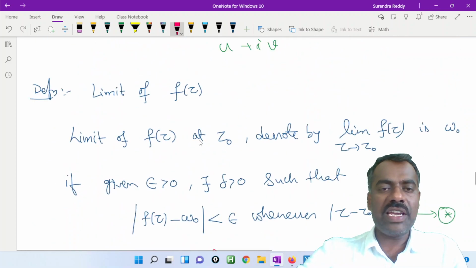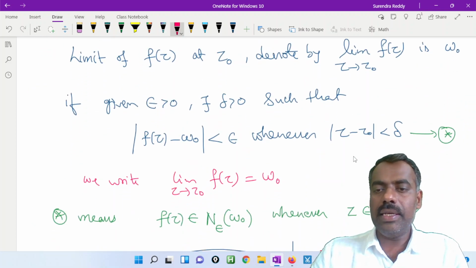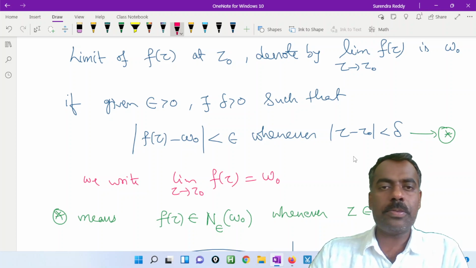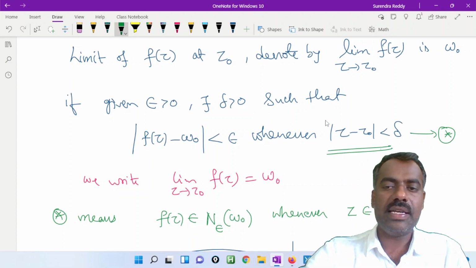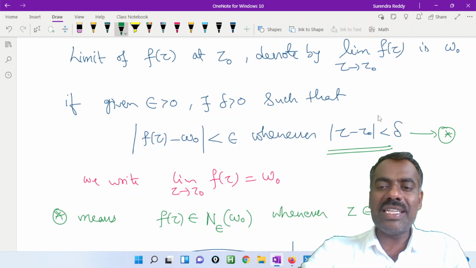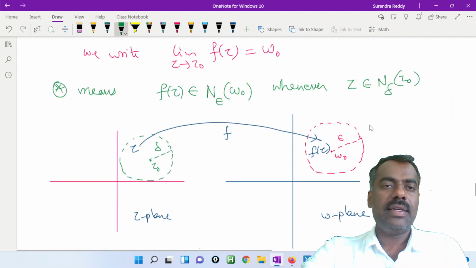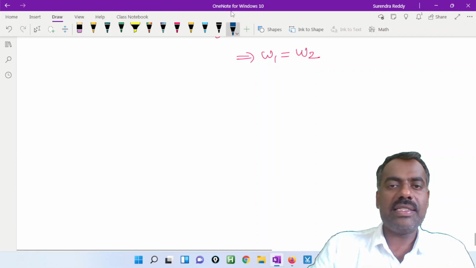So when you are defining this limit, we are considering the neighborhood of z0, so that is important. If this z0 is an interior point, then such a neighborhood exists. We'll write this as a remark.